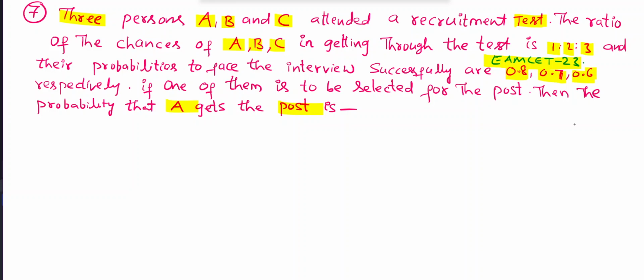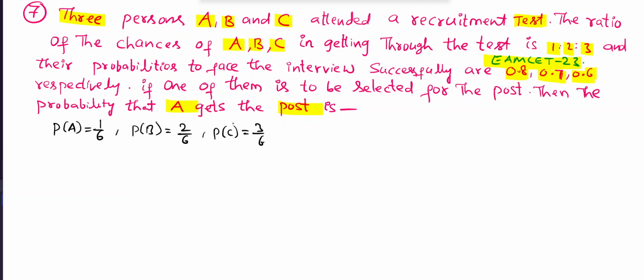So total is 1 plus 2 plus 3 is 6. So probability of A, P of A is equal to 1 by 6, and P of B is equal to 2 by 6, and P of C is equal to 3 by 6.